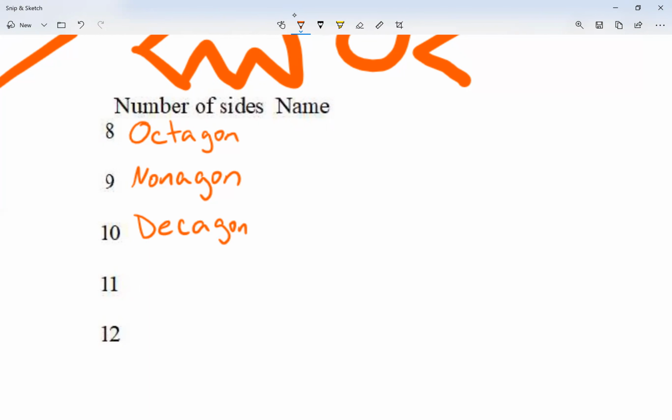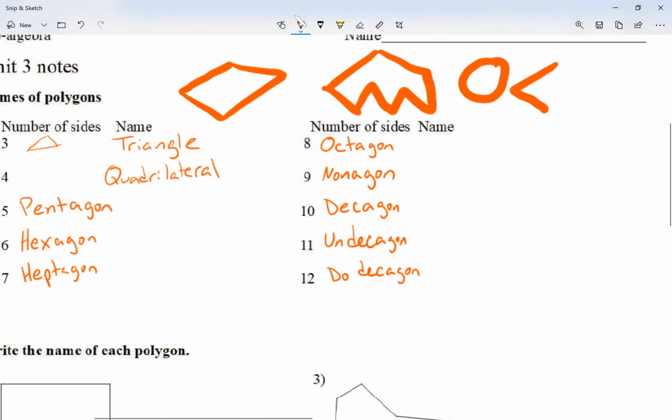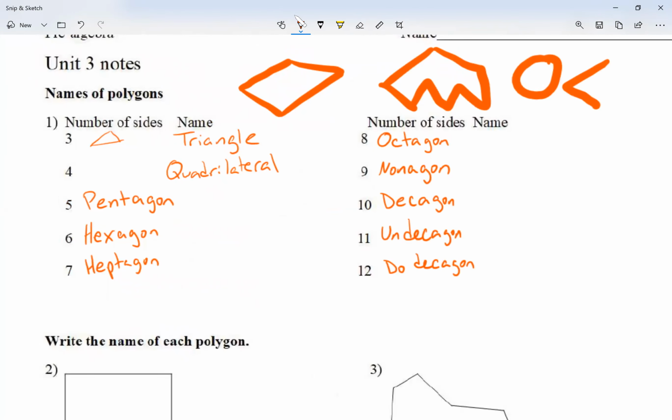For 11, we always think of 1 and 10. So for 11, we're going to call this undecagon. And for 12, we're going to call this dodecagon. Do basically means 2, and deca means 10. So 2 and 10 make it 12. We're going to know the names of the polygons based on the amount of sides.